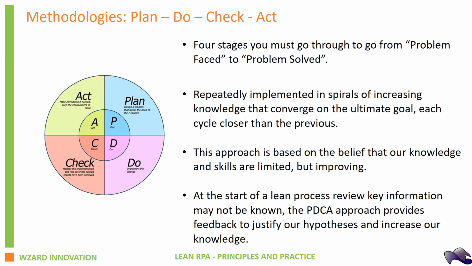In a bit more detail then, the plan step. In this step, you establish the objectives and process necessary to deliver the results. And in doing so, you have a clear specification of what you're trying to achieve. In the do step, you implement that process.